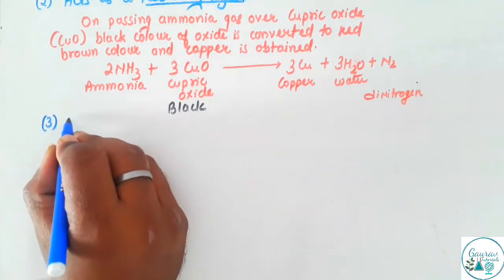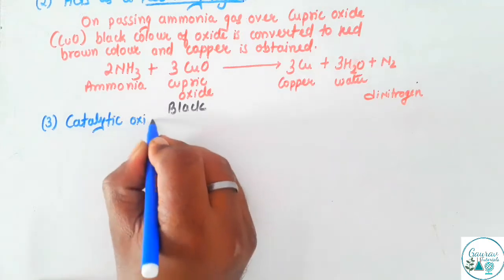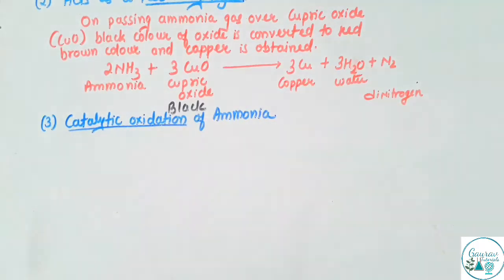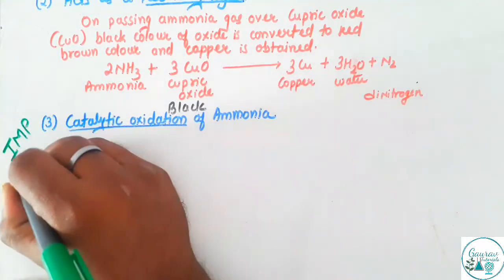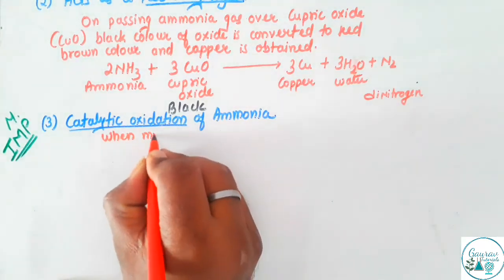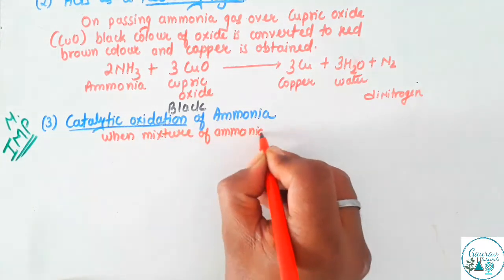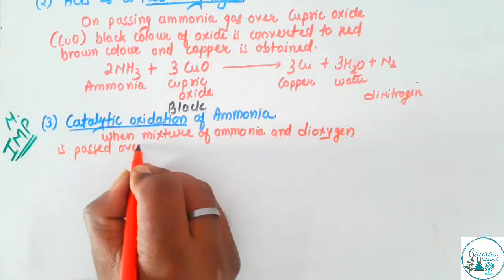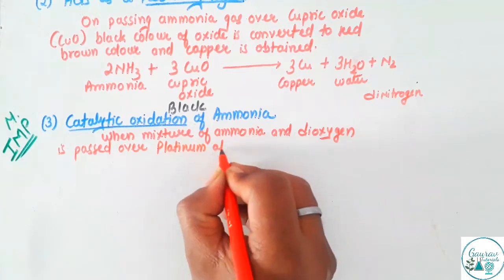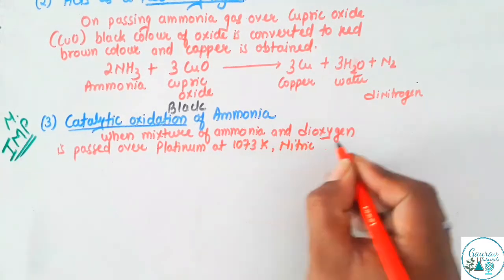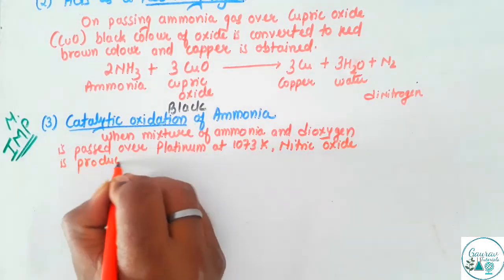The third property is the catalytic oxidation of ammonia. This is a very important question asked many a time in the exam. So students, I would beg you to pay attention. On passing the mixture of ammonia gas and dioxygen gas over platinum at 1073 Kelvin, ammonia is oxidized to form nitric oxide.